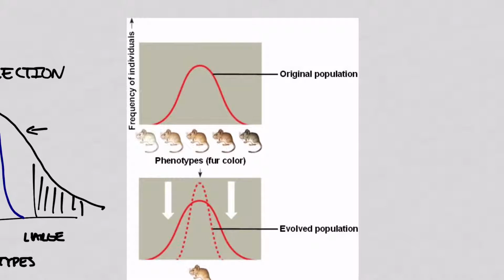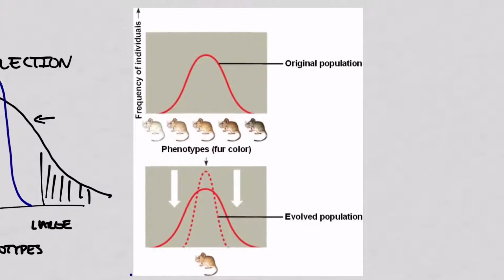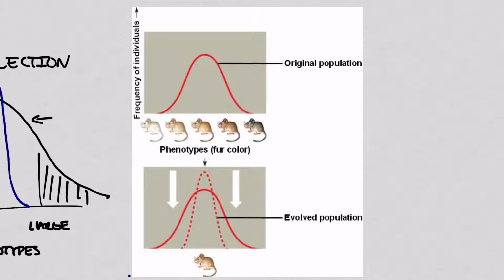Okay, so here's a mouse population that's showing stabilizing selection. Let's imagine that these mice are living in an environment that's becoming more arid over time and more sandy.